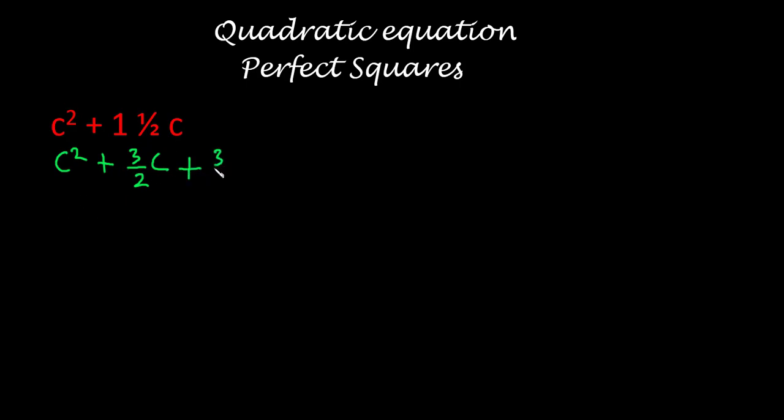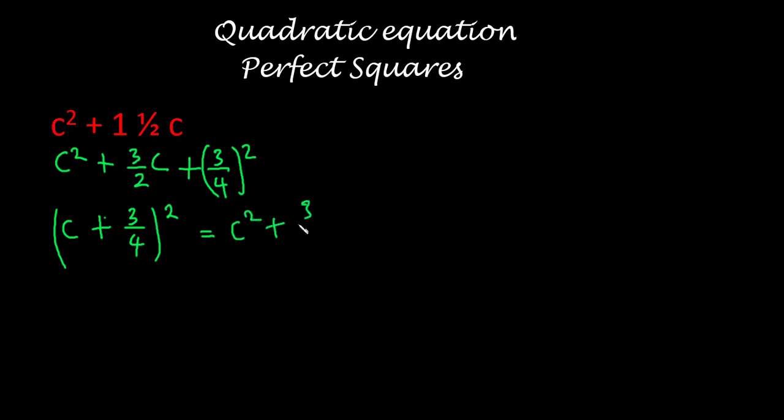You add 3 over 4, everything bracket squared. When you multiply this by half, you get 3 over 4. Then you say c plus, we are picking this plus, 3 over 4, everything bracket squared, is equal to c squared plus 3 over 2c plus 3 over 4, everything bracket squared.